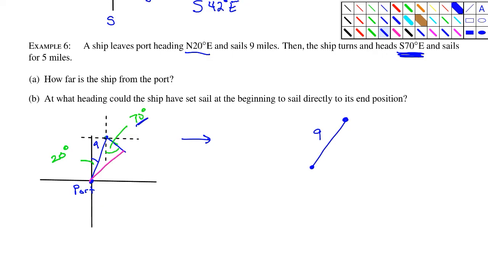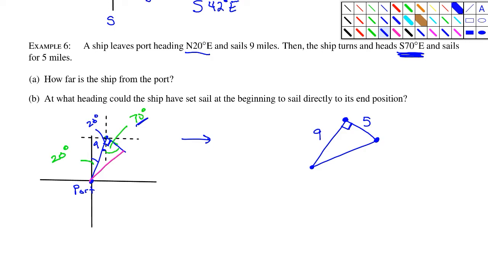Using some old-fashioned geometry, since the coordinate grids are parallel, the angle between the triangle side and the new coordinate side, that is south, is actually 20 degrees as well. And so that makes this angle a right angle. So we're going to go out 5 miles, but this is a right angle. You may need to convince yourself of that.